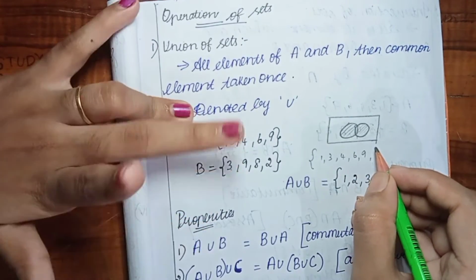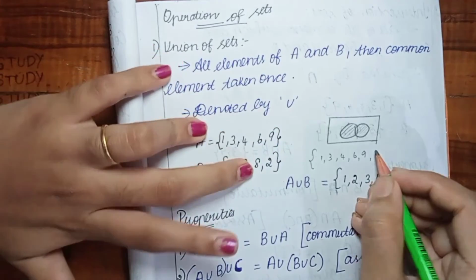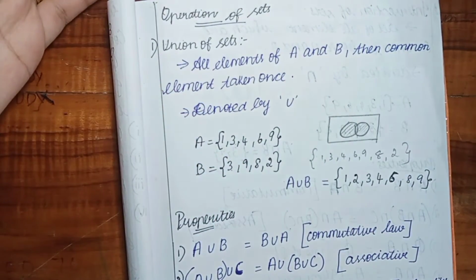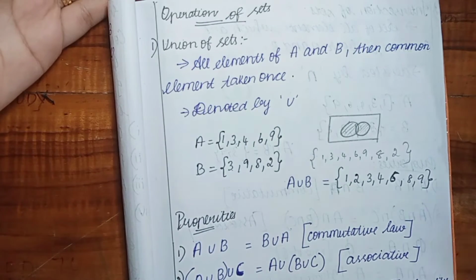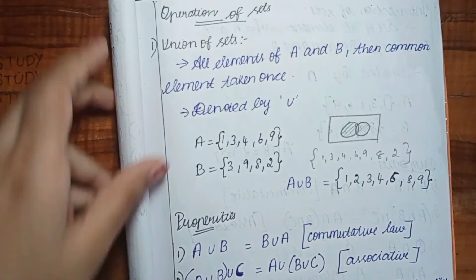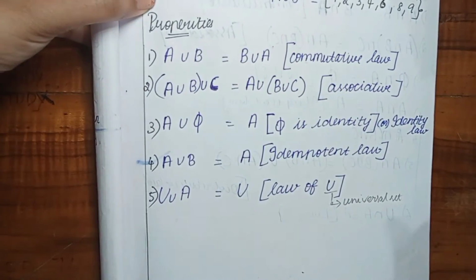You will not repeat the 9 again either. Then 8, 2. This is the union of sets, and these are their properties.